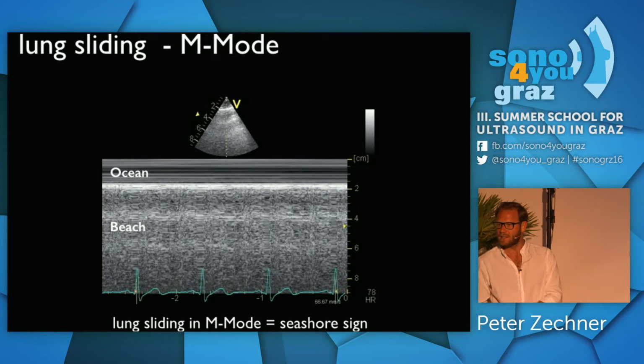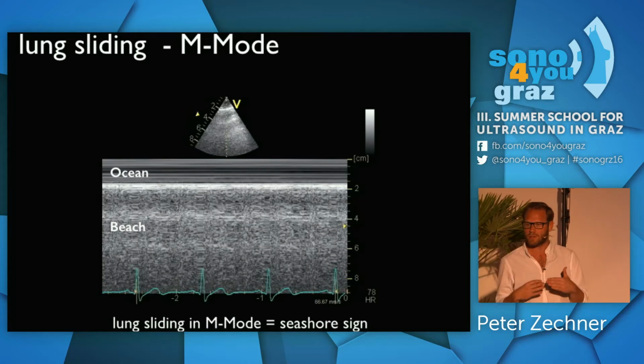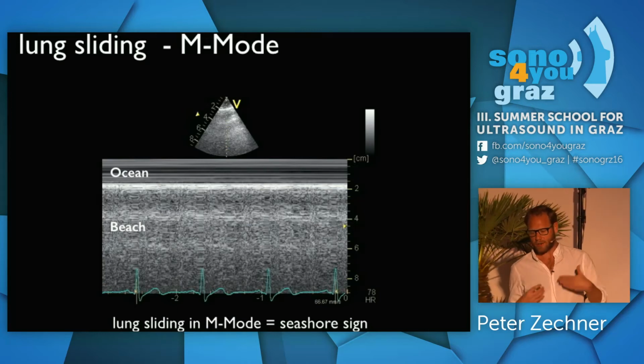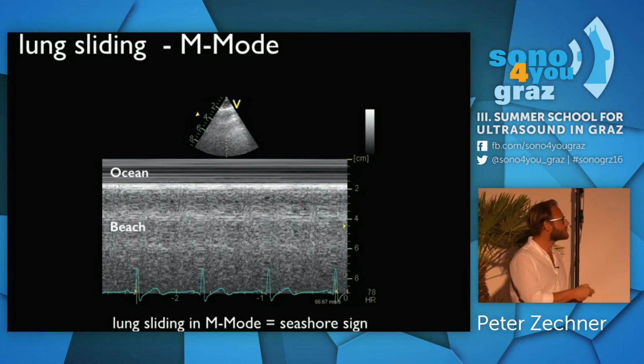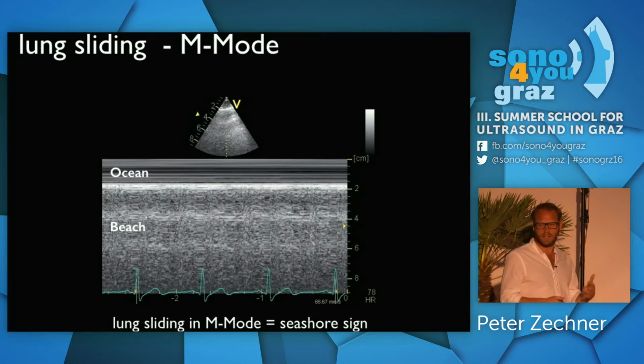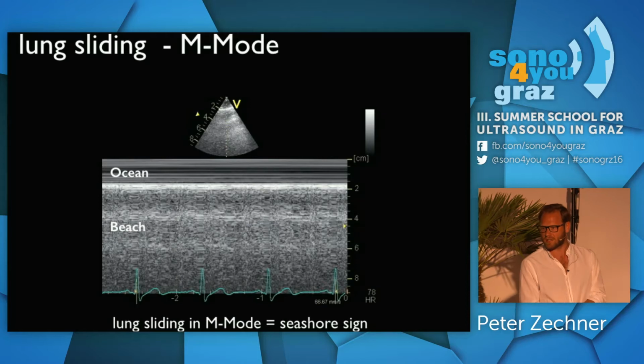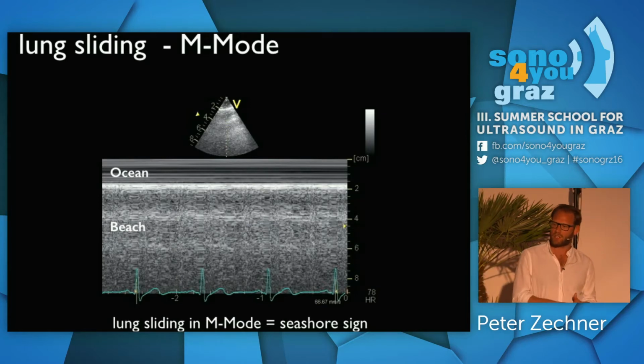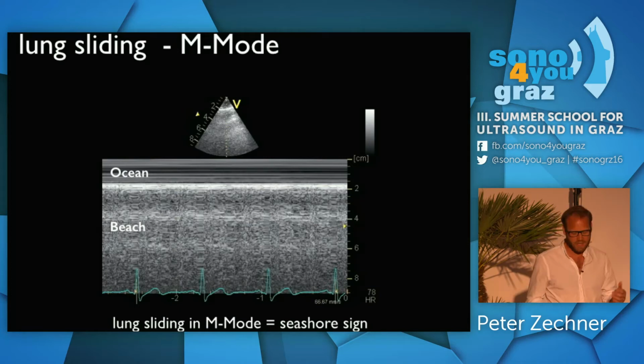This is because of the motion of the visceral pleura against the parietal pleura, and this is the classical finding in a normal patient. It's called the seashore sign. It's the same as lung sliding in a moving picture, but you can also record this for documentation, for example.